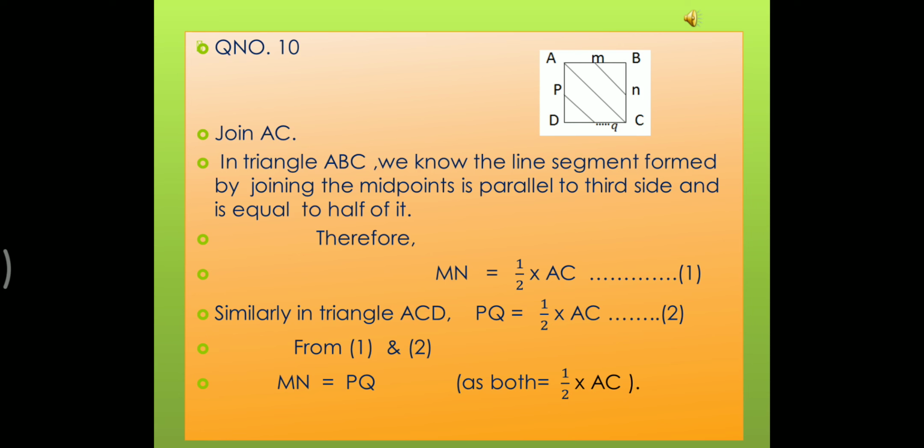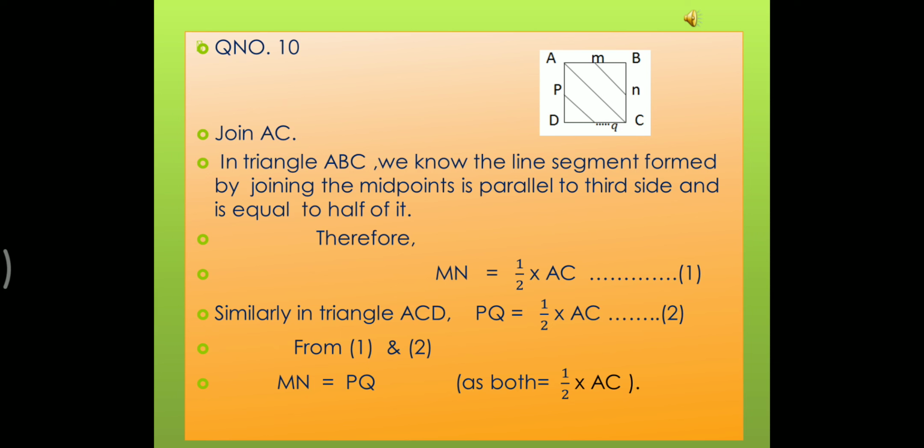After joining AC, it divides the square into two triangles, triangle ABC and triangle ACD. Now we will first focus on triangle ABC. It has three sides, AB, BC and AC.